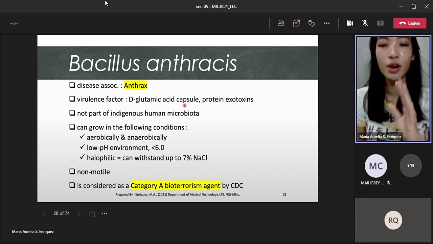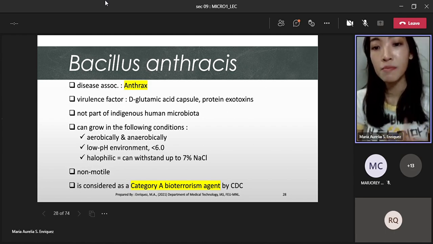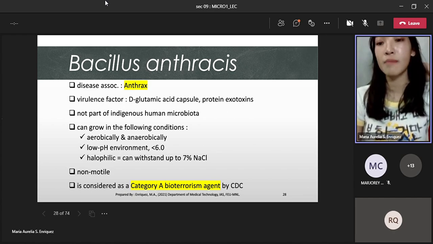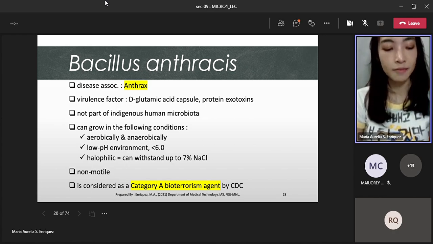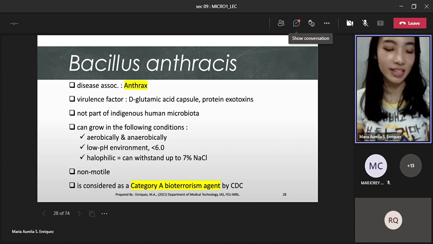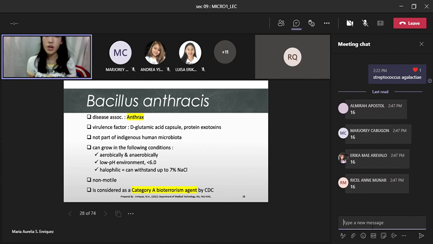Before we proceed, recall time from our chapter 15 discussion. If the capsules of Bacillus anthracis are composed of glutamic acid, what is the composition of the capsules of Streptococcus agalactiae? If anybody remembers what we discussed earlier. Again, what is the composition of the capsules of Strep agalactiae?